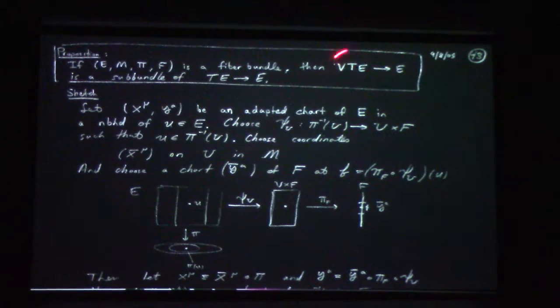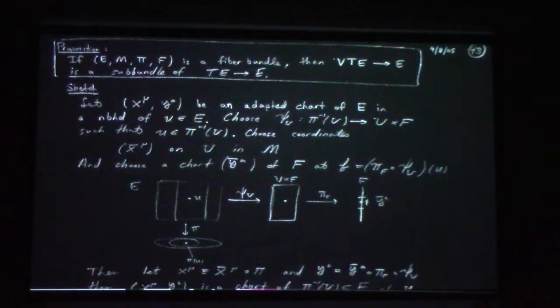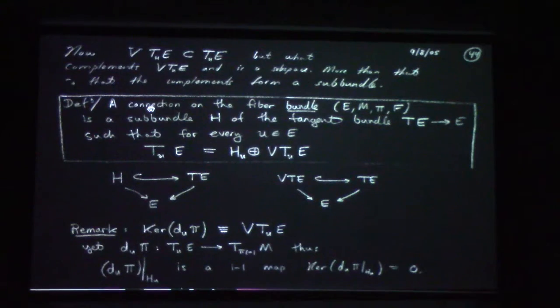What this is saying is that the vertical tangents form a subbundle of the total tangent space to the fiber bundle, to E. But then a connection is yet another subbundle H of the tangent bundle TE, such that at each point in the total space, we can break up the tangent vectors to the total space into a horizontal part and a vertical part. That's one way we can define a connection on a principal fiber bundle.